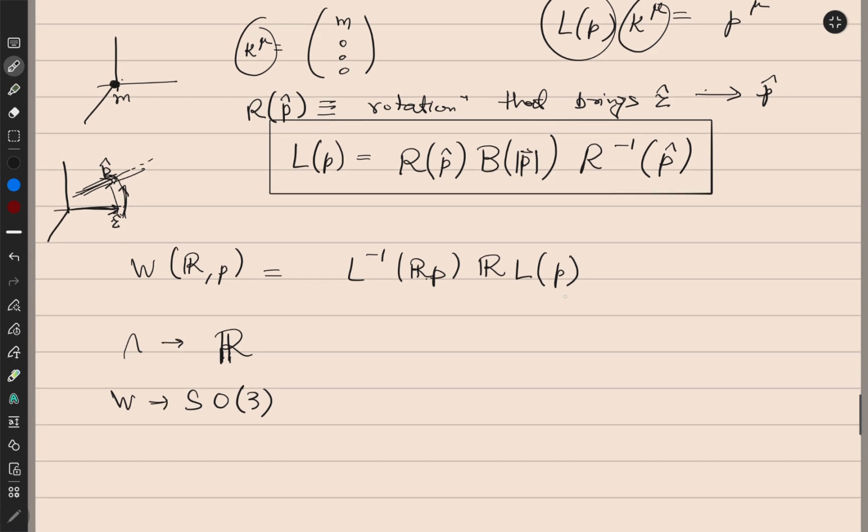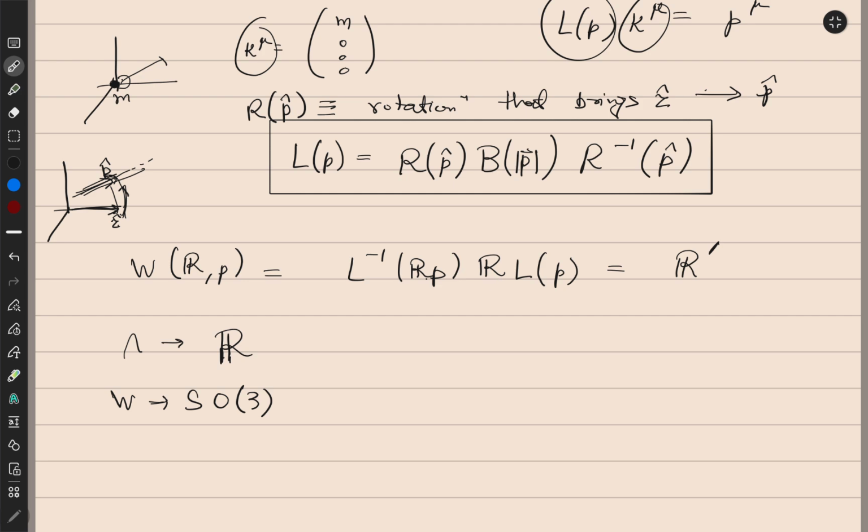But the point was that if you apply this Lorentz transformation L of P, we know that after this whole thing, my particle will still be at rest. I will have done some rotation from SO(3), but it is not clear that that rotation would be the same as this R. It can be some other rotation. Let's call it R prime. Imagine you first did the Lorentz transformation L of P on this particle, so now it's moving.